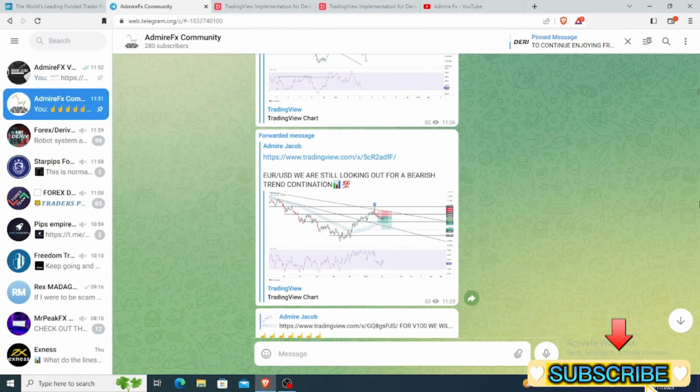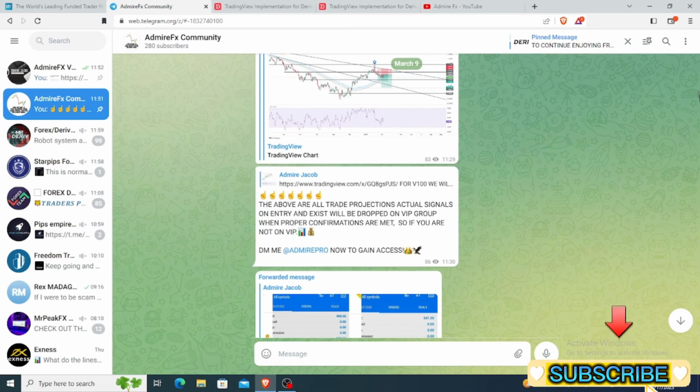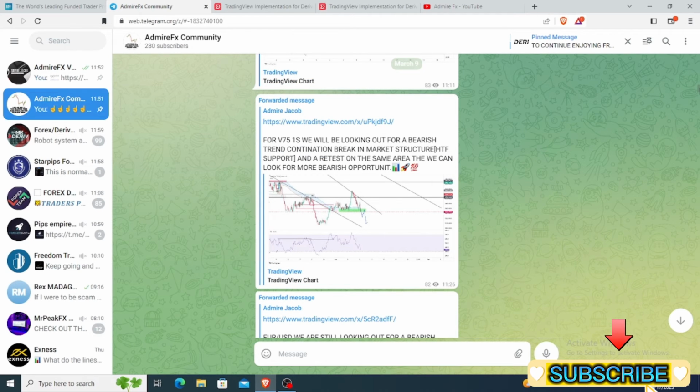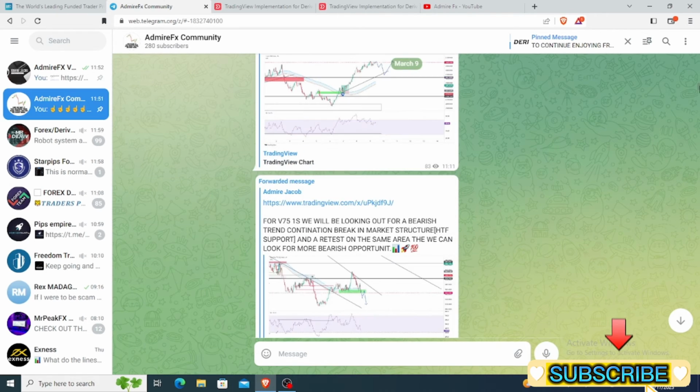So we have a very nice trade on all this. If you're not on our Telegram community, you can see how we were able to trade about six different pairs with a simple analysis, simple trend line and technical analysis.